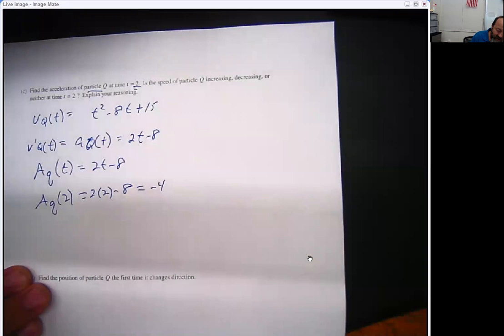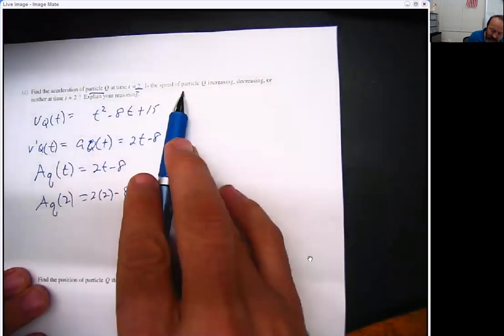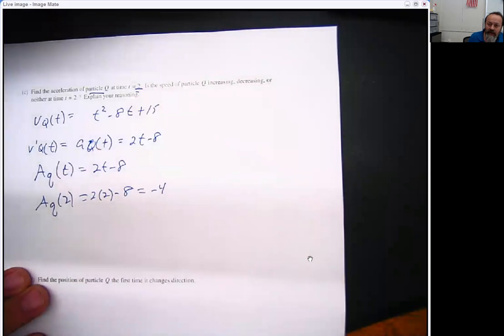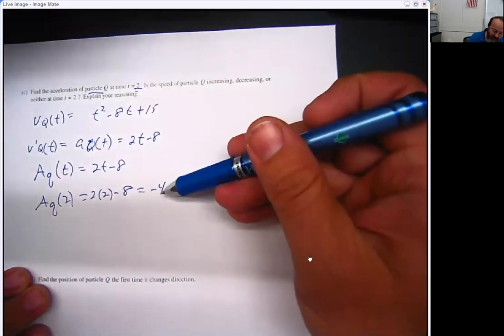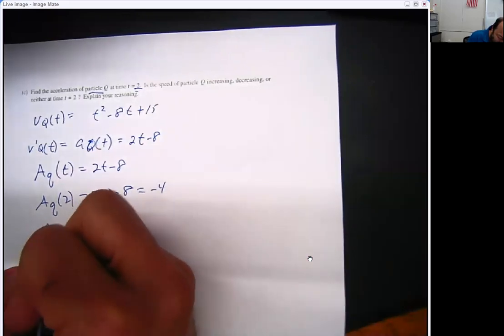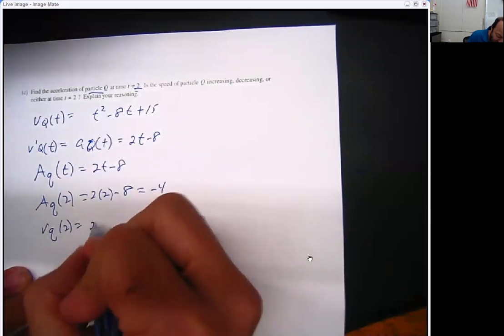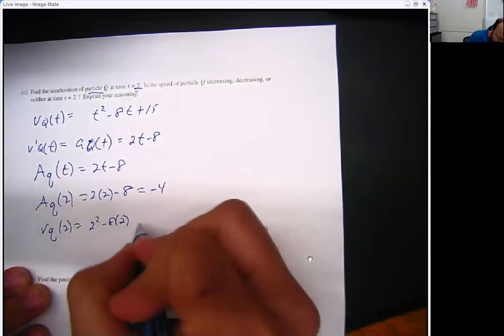And it says, is the speed of the particle increasing or decreasing? Well, again, I know that it's decelerating, but then the other question becomes, what was v sub q of 2? And v sub q of 2 would be, of course, 2 squared minus 8 times 2 plus 15.